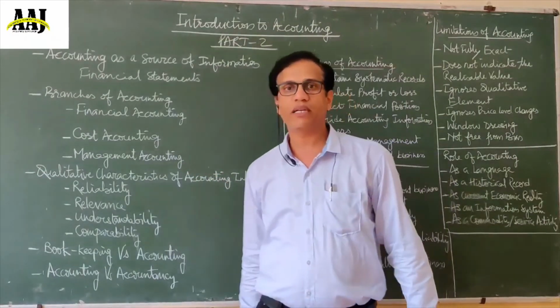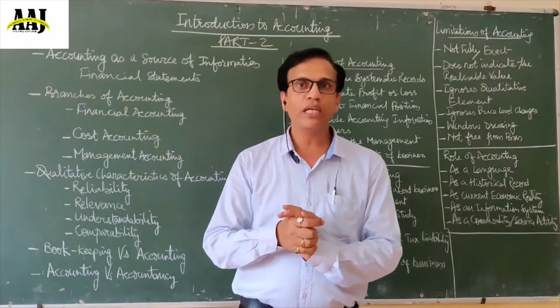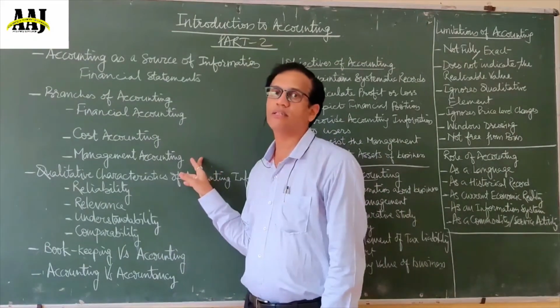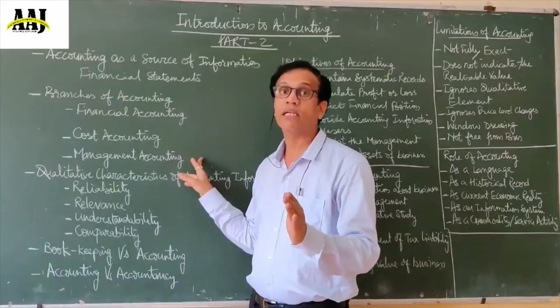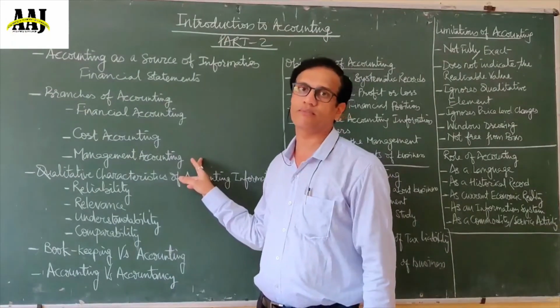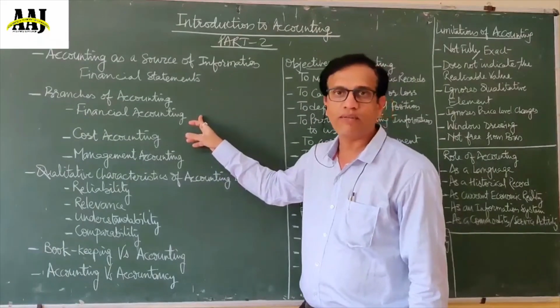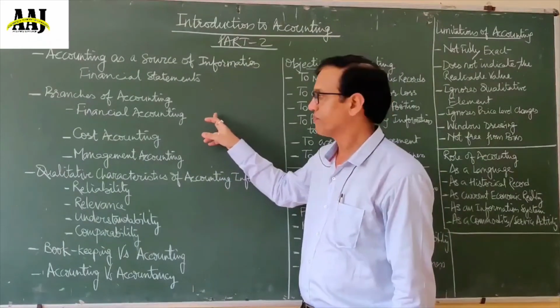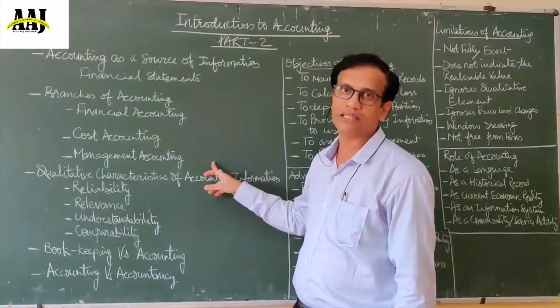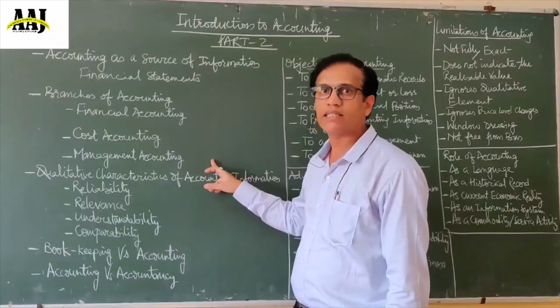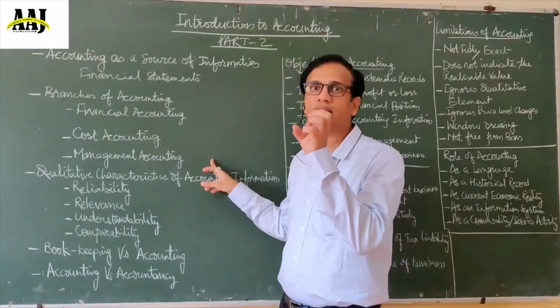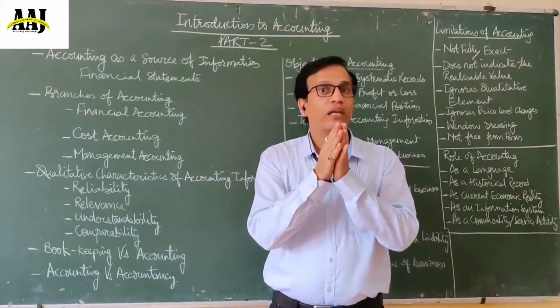Then comes management accounting. Management accounting is mainly related to the decision making process. Information provided by financial accounting, that is the financial statements, is analyzed here, and the analysis is then bound up into a report.